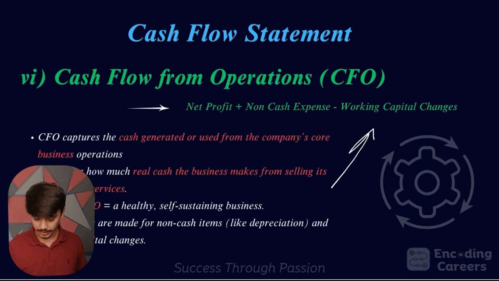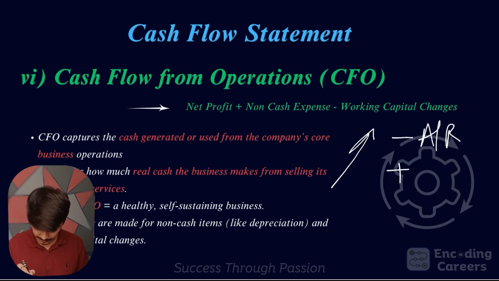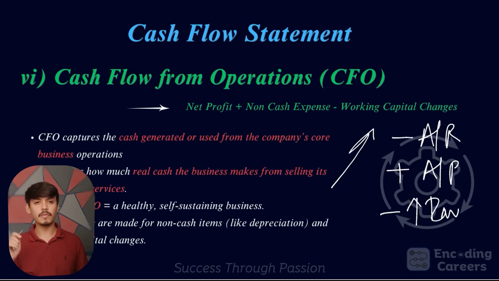So when we calculated the changes in working capital, we subtracted increase in accounts receivable, we added increase in accounts payable, and finally we subtracted increase in inventory. Now to understand this, whenever we are adding something to receivable, that amount is not yet accounted into our bank balance, and that's why to nullify its effect, we are then subtracting it from the entire cash that we generated.